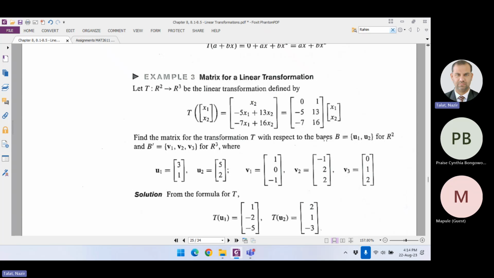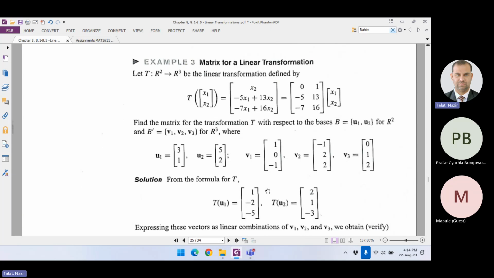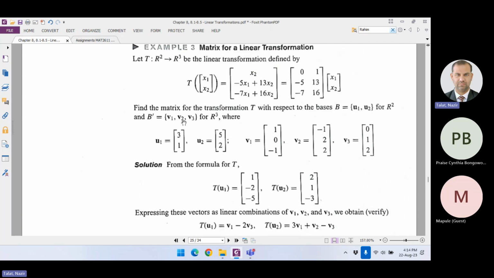Now, if B is the basis for R squared and B prime is the basis for R cubed, for example, in the particular case u1 and u2 are the basis for R2 and these are the basis for R3, then from this we can get the formula for T. For example, if we put the value (3, 1) in T, like T(3, 1), and apply the elements over here, then we will simply get the element in R3, which is (1, -2, -5).